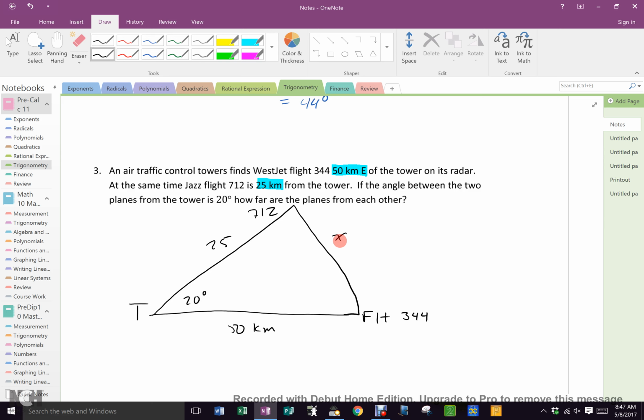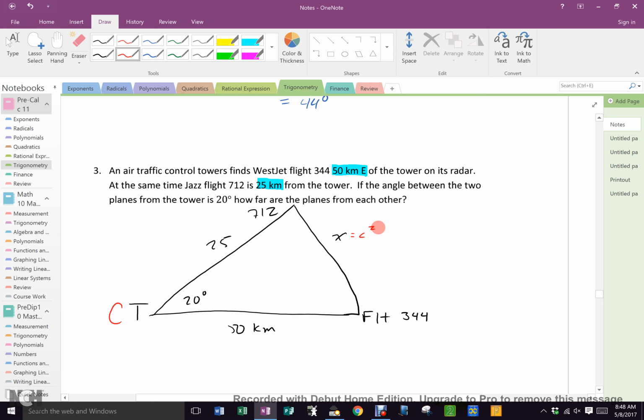You could put A, B, and C. Where would you put big C? Big C is the angle. Where would you put big C? Where T is. And where would you put little c? Across from that, where the x is.